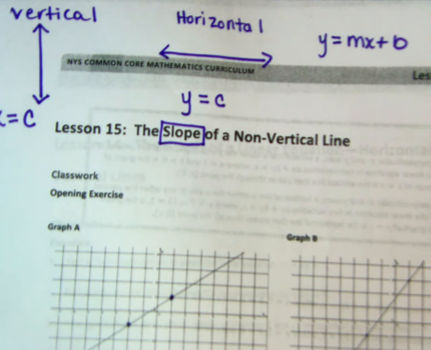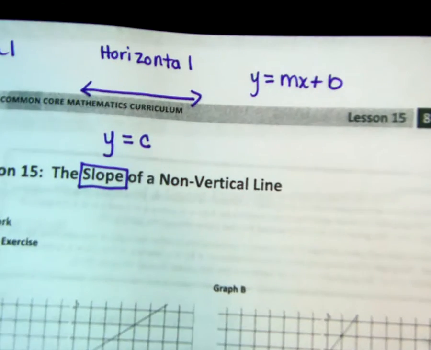The second point we're going to cover in topic B is that any 2 points on a non-vertical line can be used to find the slope of the line. The third key point is that it must be shown that the line joining 2 points on a graph of a linear equation of the form y equals mx plus b has the slope of m. So I'm going to zoom in on that equation as I say it.